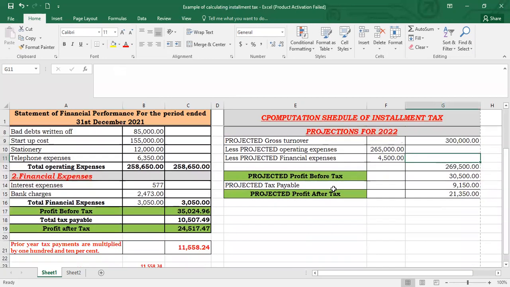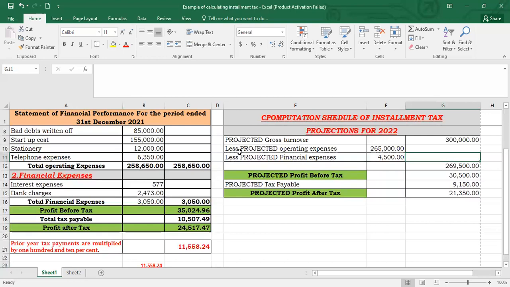Yeah. Then you come and say, if my operating expenses were 258,650, this year they can be 265,000. Just approximate. Yeah. Then the financial expenses, if last year were 3,050, this year zinaweza kuwa 4,500.